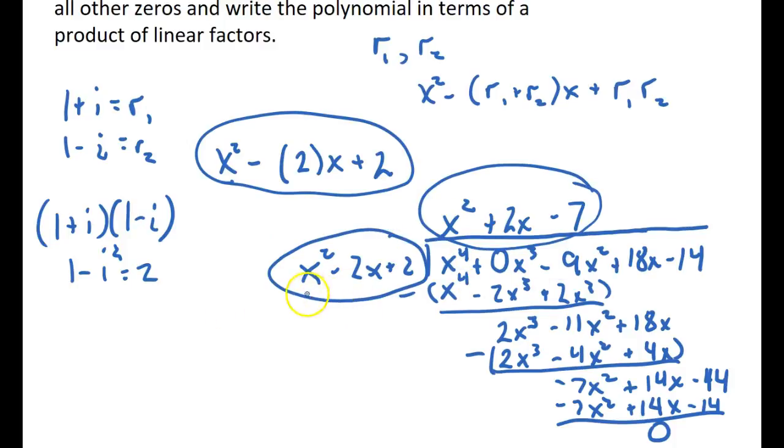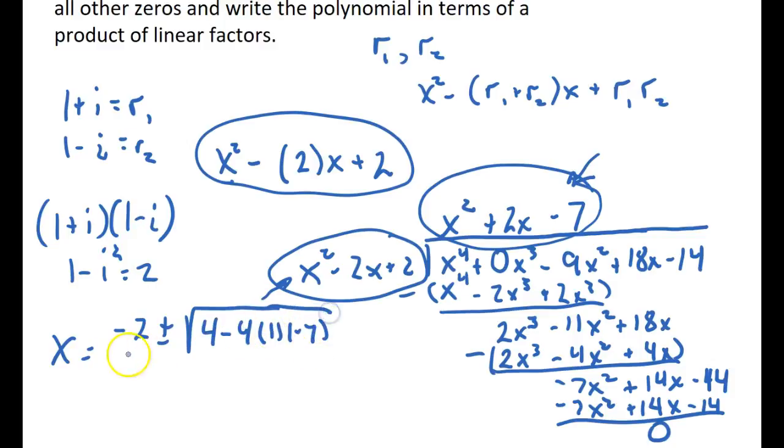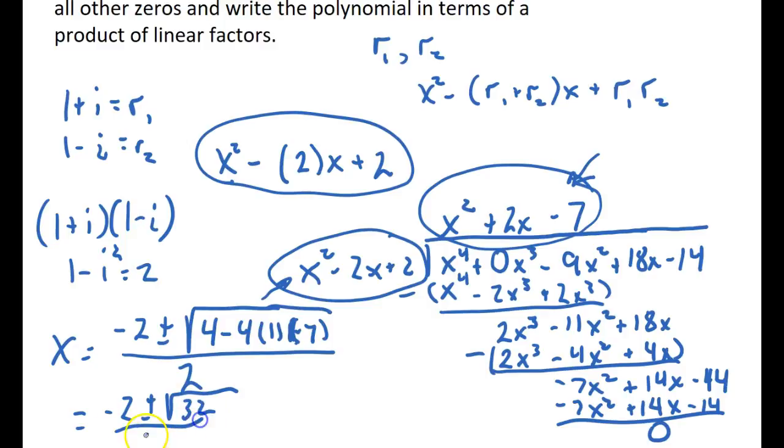So the roots of this piece are 1 plus i and 1 minus i. What are the roots of this quadratic? Well, let's just use the quadratic formula. x is equal to negative b plus or minus the square root of b squared minus 4ac, all over 2a. That'll be negative 2 plus or minus the square root of 4 plus 28, which is 32, over 2.